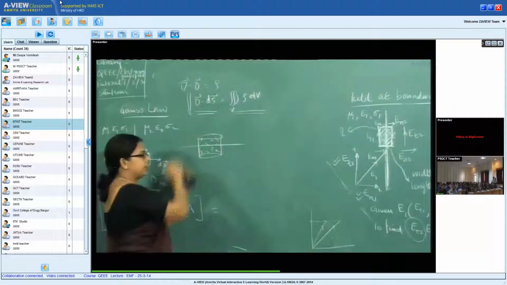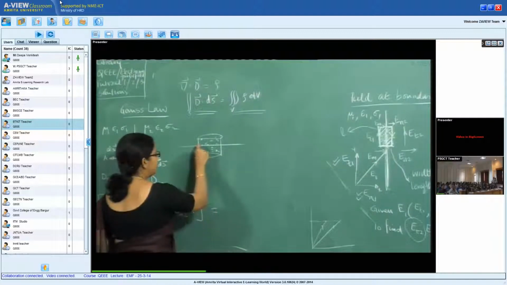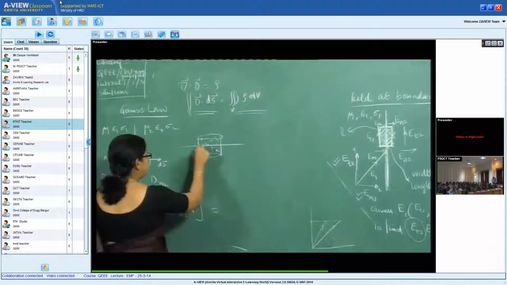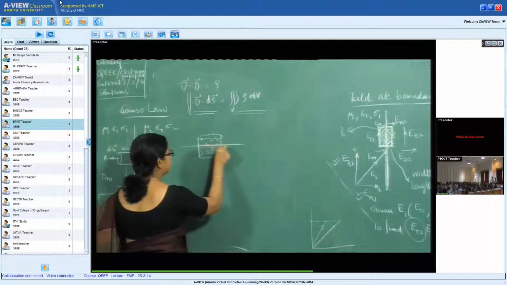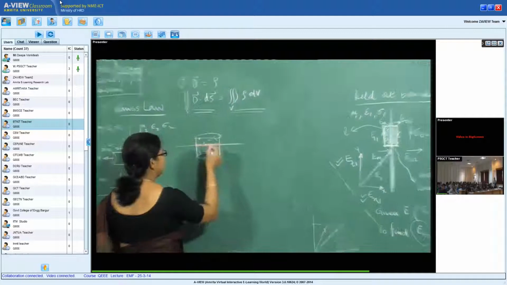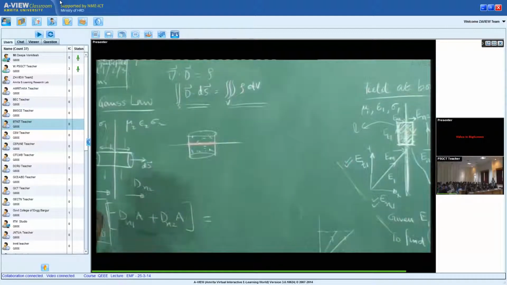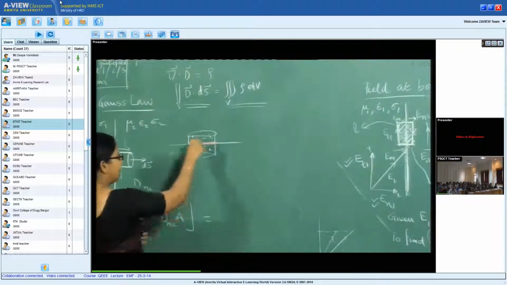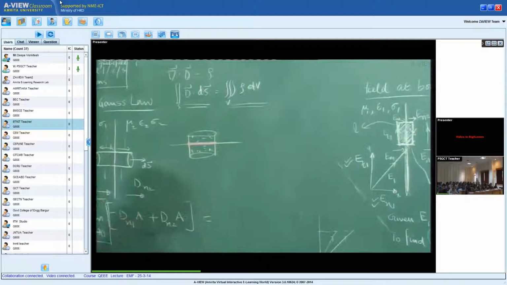But when I shrink this volume, what I would be left with is an infinitely small cylinder of infinitesimal height, and what is the charge on that? The only charge that will contribute is the charge that resides on the surface. If there is a charge residing on the surface, that will contribute. All the charges appearing in the volume will not contribute.